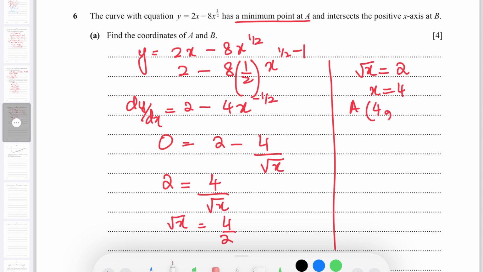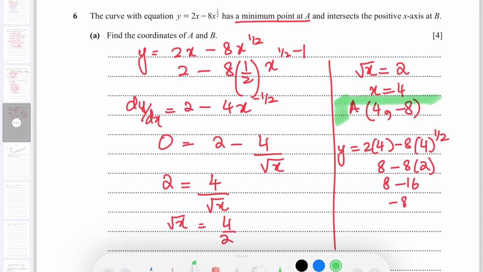Let's input the same point 4 in the original equation. That's my A point. Now B, positive x-axis means x comma 0.